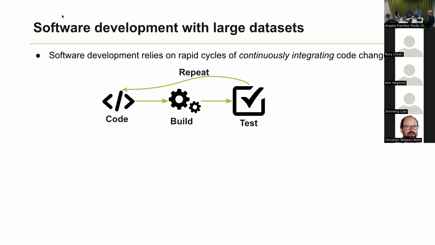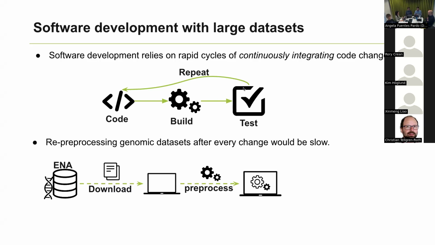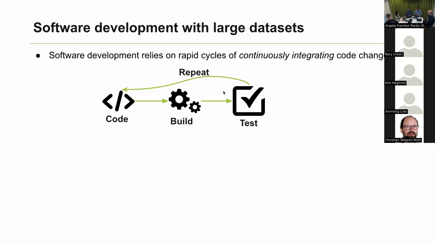This is a 3-step process where you implement some code changes, you rebuild the software, and then you test that the software performs as expected. If all goes to plan, then you just repeat this process over and over again. And what you want is the build and the test steps to be fast and smooth. You don't want to have to wait ages for those steps. And so this is the CI in CI/CD, if you're familiar with that term.